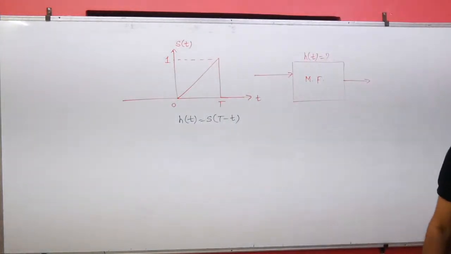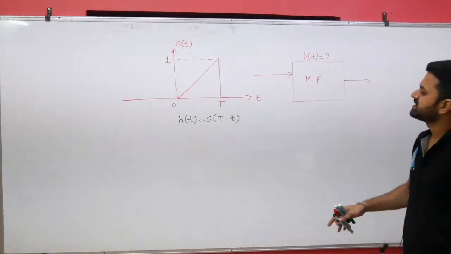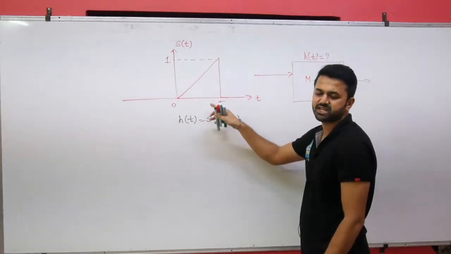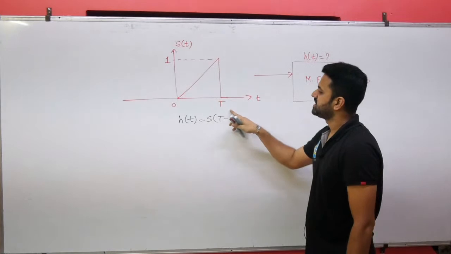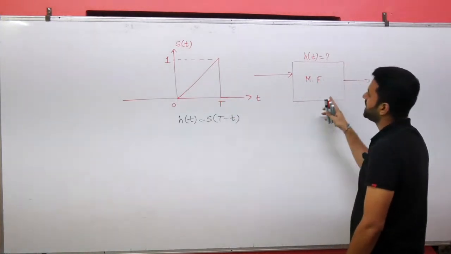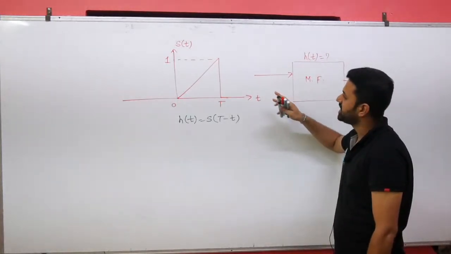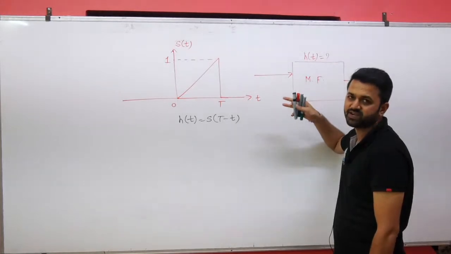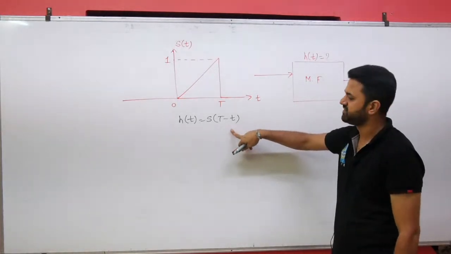So the question is, we are having one signal which is input to the match filter, and the shape of this signal is total time duration T, and this is a triangular signal. Now we know that if any signal is given as input to the match filter, then the response of the match filter is nothing but its folded and shifted version.